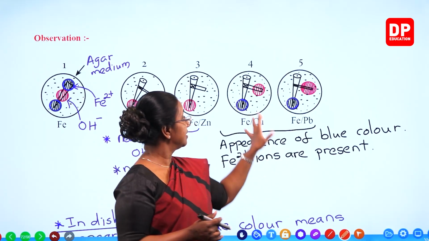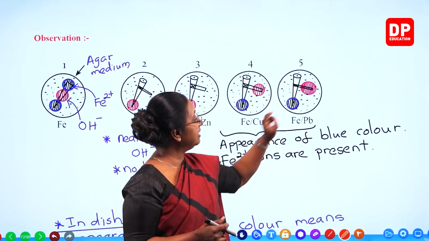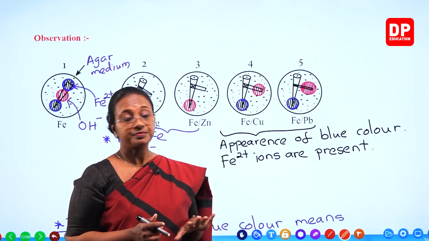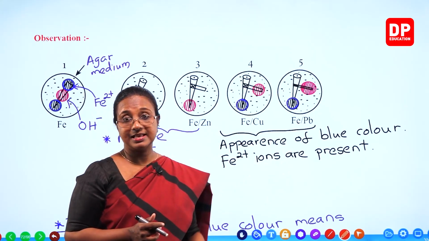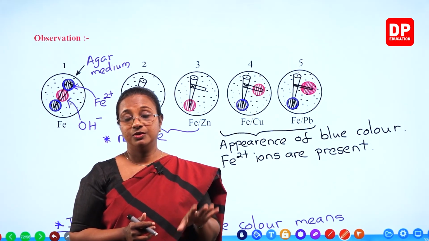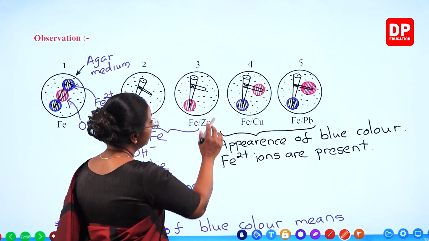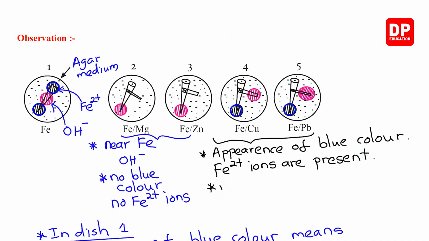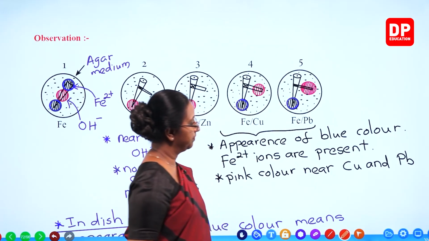So that means in this one copper and in this one lead acts as the cathode and iron acts as the anode. So that is what you need to understand here. Pink color near copper and lead. Lead is Pb.